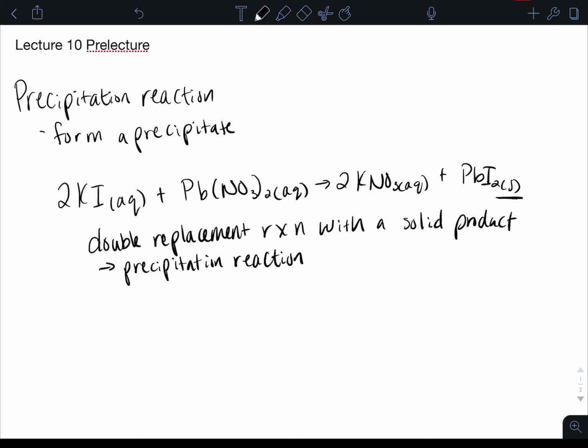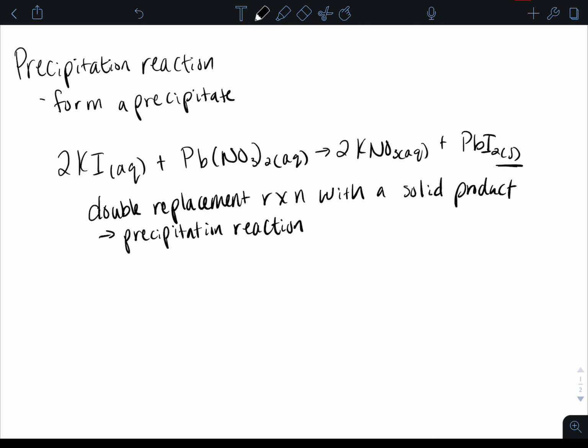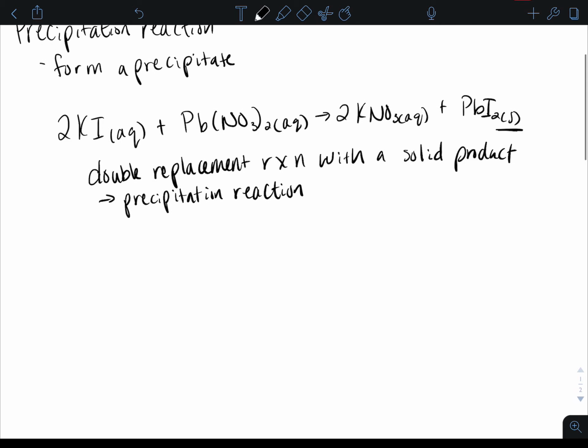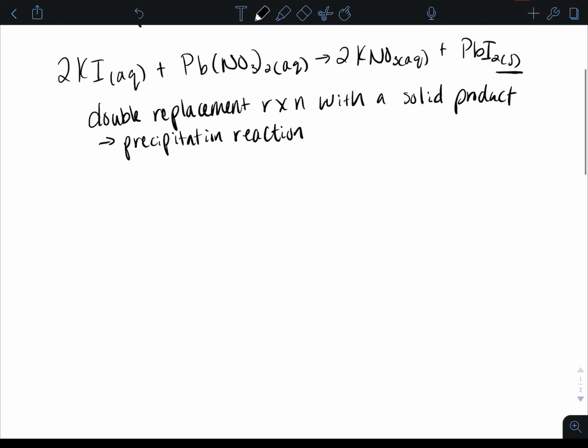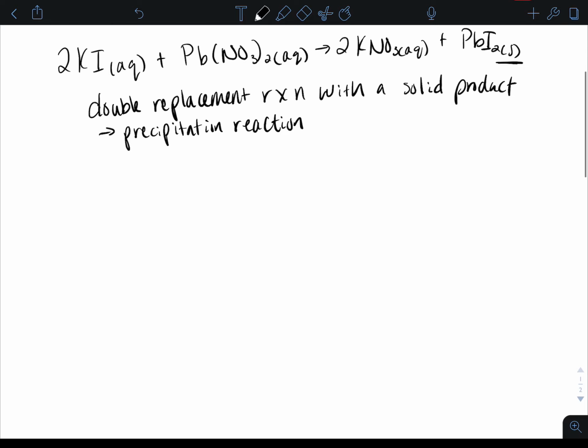Okay, so determining what solid you're going to form is based on solubility of ionic compounds. Ionic compounds, for the most part, are soluble in water. But solubility in general is an energetic thing. So we have to have favorable energies in order for things to be soluble.